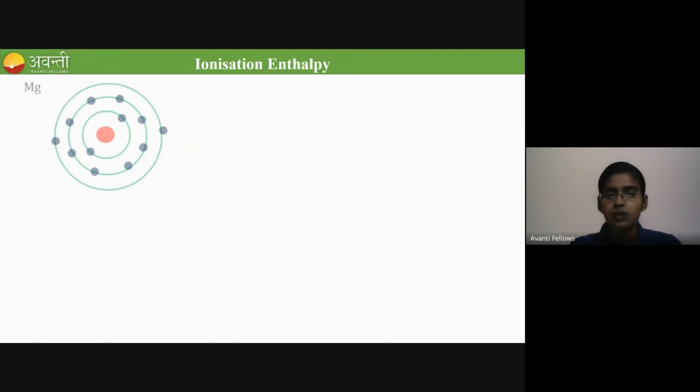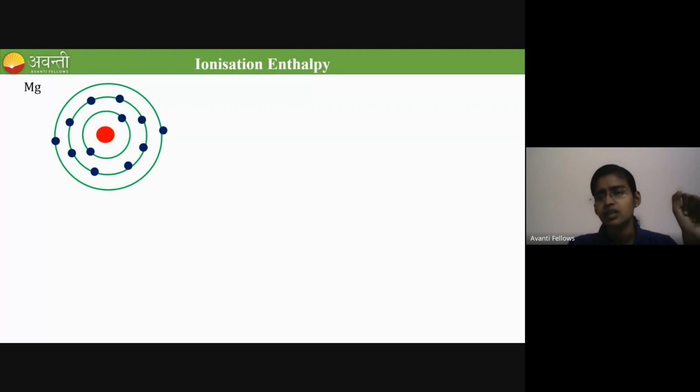Now I have taken magnesium. What is the atomic number of magnesium? Can anyone tell me the atomic number of magnesium? Very easy, right? So first of all, what you guys have to do, memorize the first 30 elements with the symbol, from hydrogen till zinc.